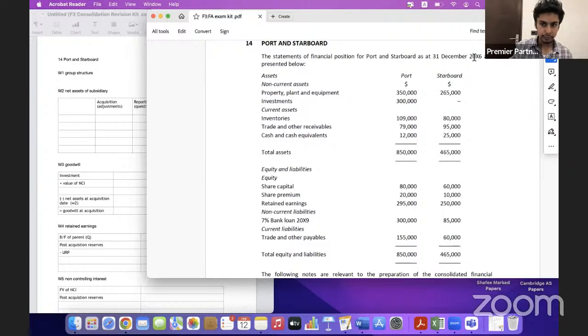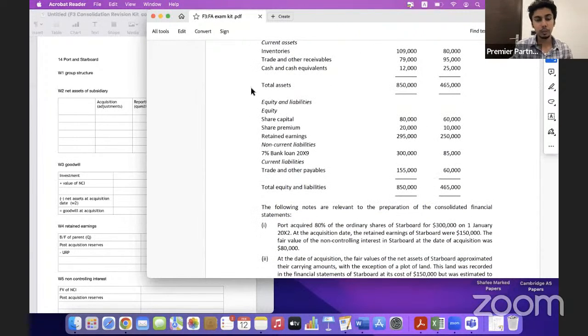Then there is no problem, nothing to worry about. It's easy. So in our question, they bought it in January 2002, several years ago, which is a good thing.